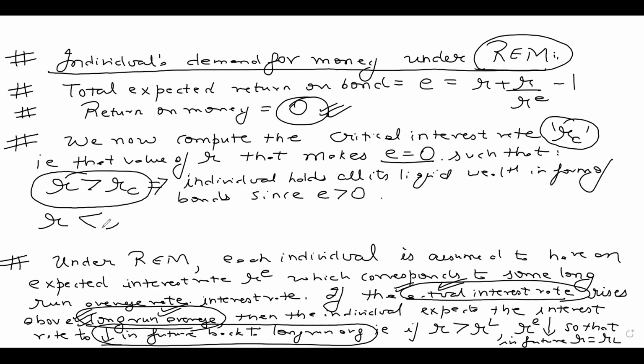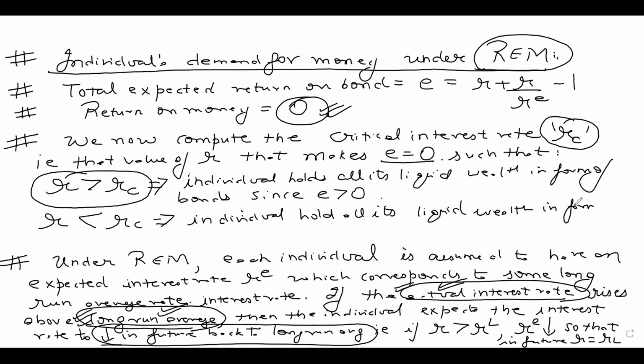Similarly, when R is less than RC, that means when R falls below the critical interest rate, the individual holds all its liquid wealth in the form of money, since E is less than 0.